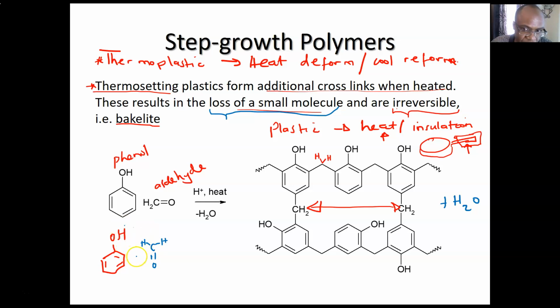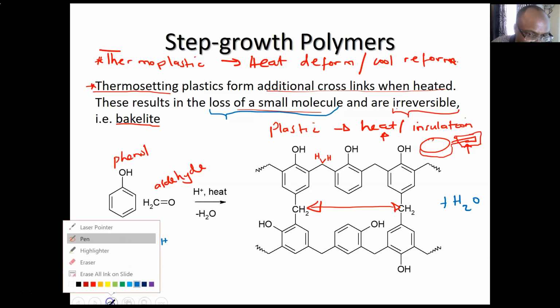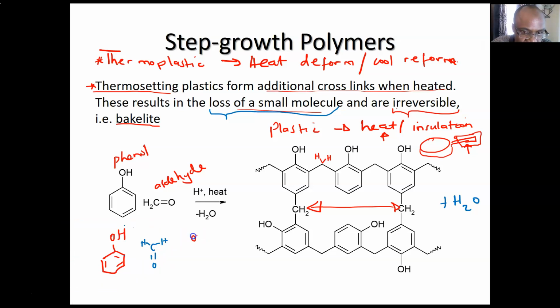Okay, so if you are combining two phenols, now we are focusing on how this was formed, probably by using our little shortcut because we are avoiding too much mechanisms for this class. So you will have those two hydrogens.